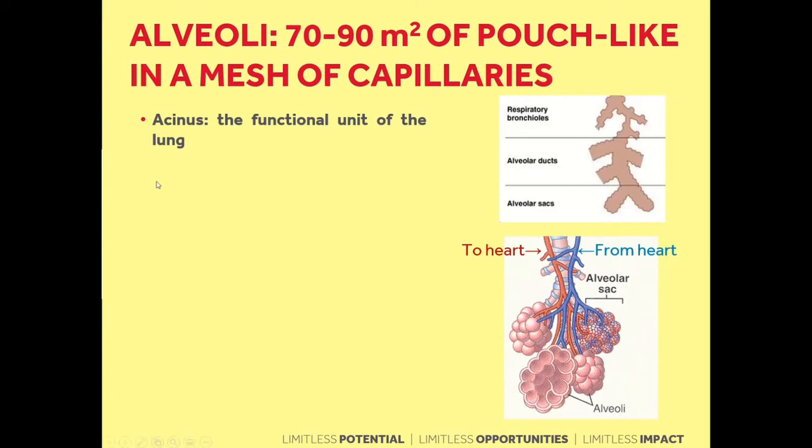And the acinus is considered the functional unit of the lung and is composed of the respiratory bronchioles, the alveolar ducts, and the alveolar sacs. And at the terminal part of the alveolar sacs, you can find the alveoli.